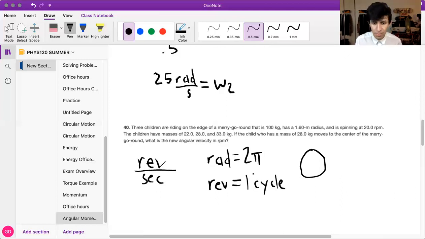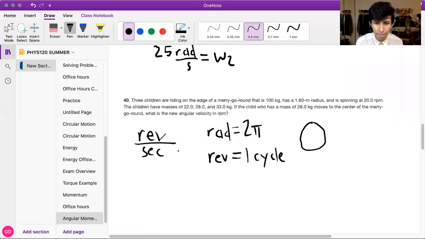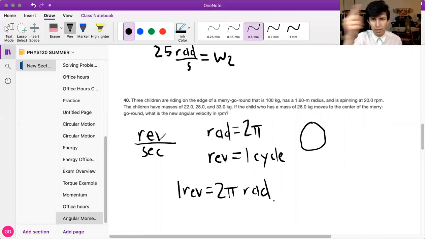That means that 1 rev is equal to 2 pi radians, because a rev is just a revolution. Think about going in a whole revolution, a complete circle. Going in a complete circle in radians is 2 pi. So that's how you can relate the two.